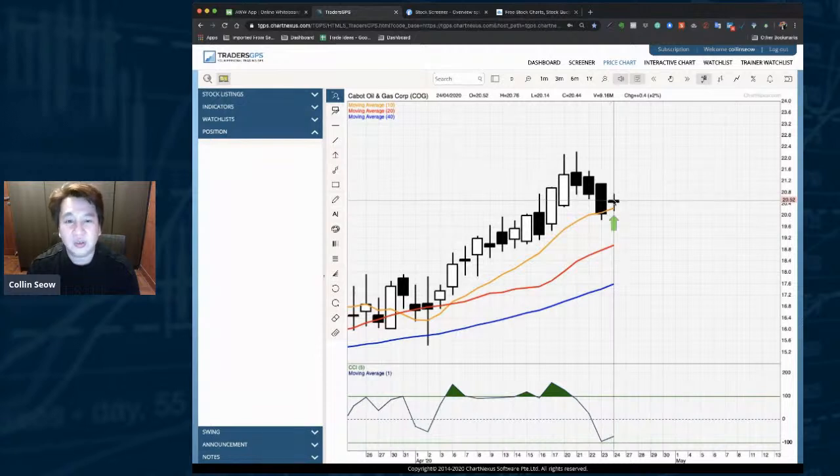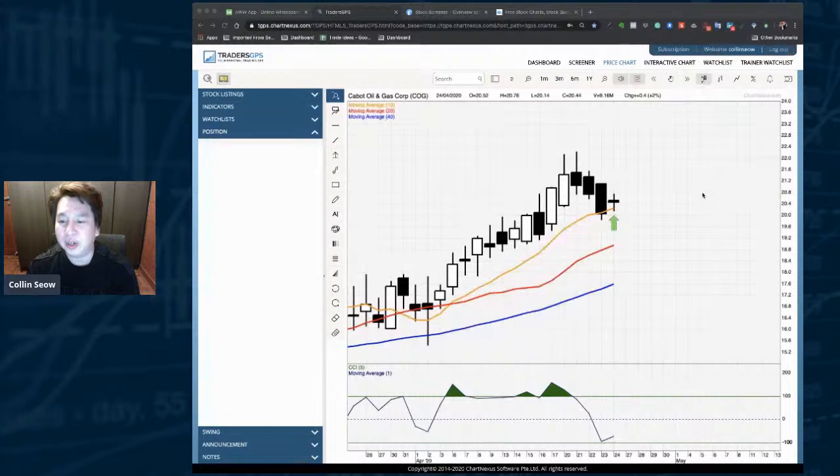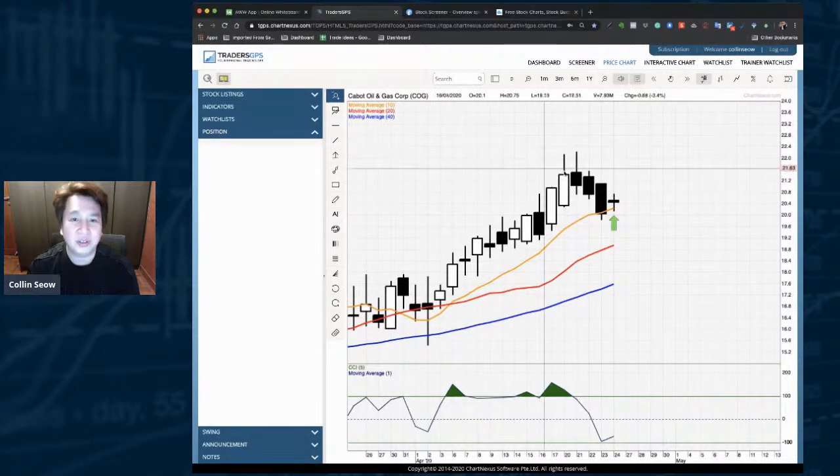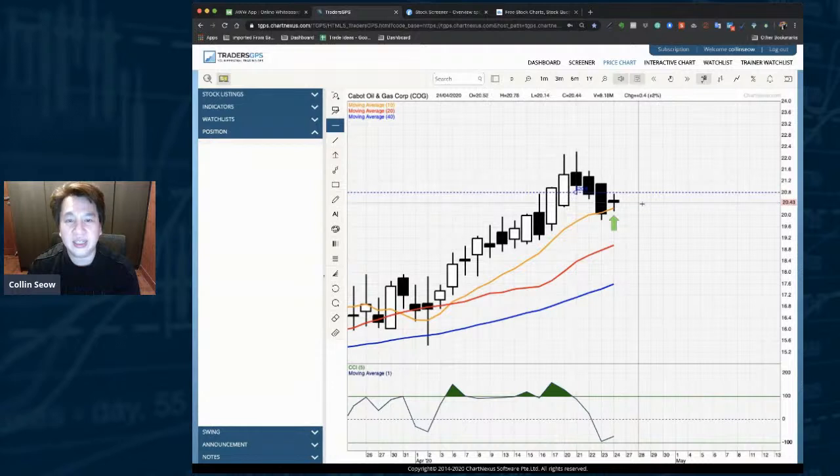So right now, if you want to buy, what must you do? Wait for it to clear the high, yes or no? Wait for it to clear this high. There will be a trigger to go long, and you can do a swing.